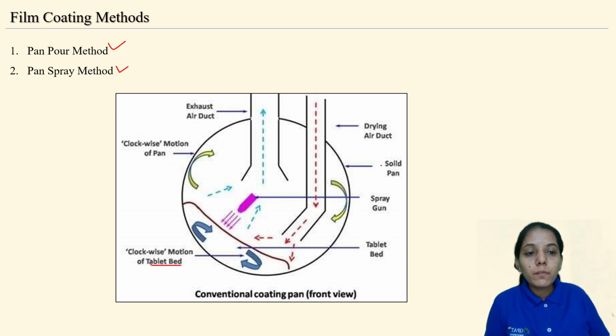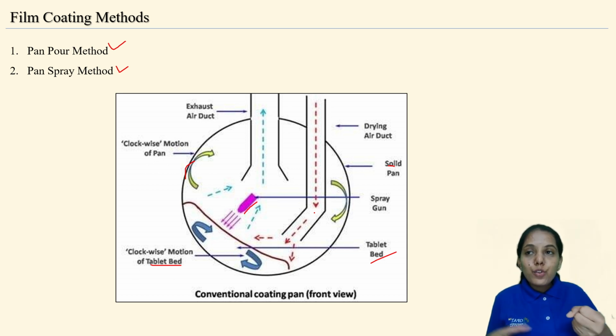So see here, this is a solid pan and this is a spray gun. Spray gun means coating solution is sprayed onto the tablets. This is a tablet bed, and this is also moving in a clockwise motion. And the drying air duct.